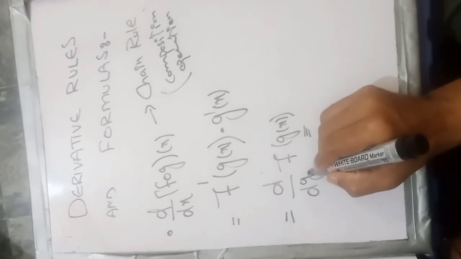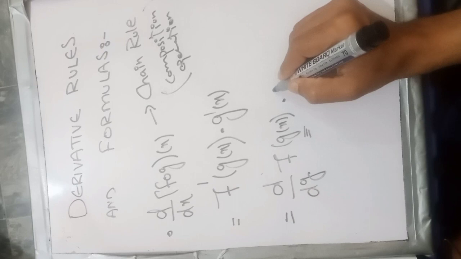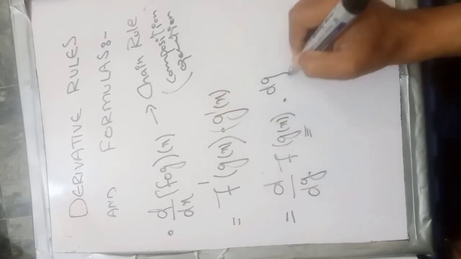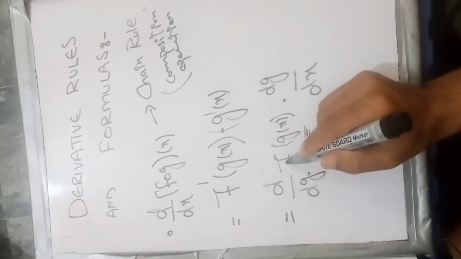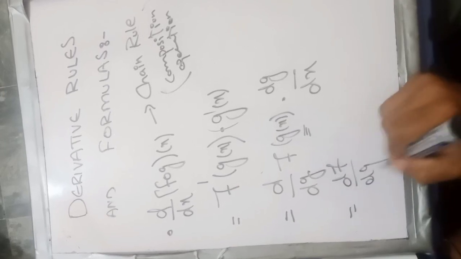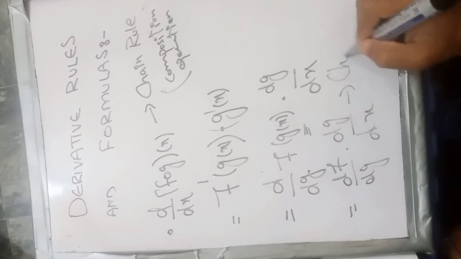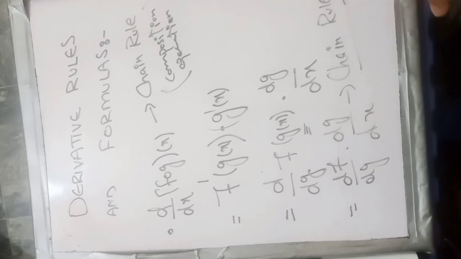Now we differentiate dg with respect to dx. So here we can say df over dg into dg over dx. That is known as the chain rule. Is it okay now?